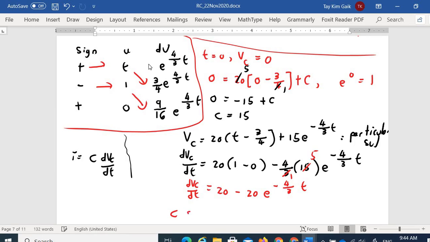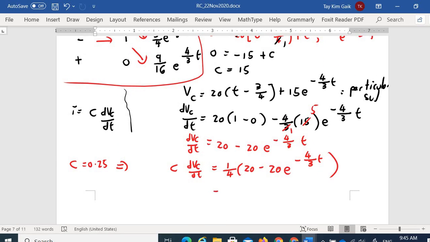Now C dVC dt, where C is 0.25, which is 1 over 4, times 20 minus 20 exponent negative 4 over 3t. Again, this is 5 minus 5 exponent negative 4 over 3t, which factoring out 5 is 5 times 1 minus exponent negative 4 over 3t.